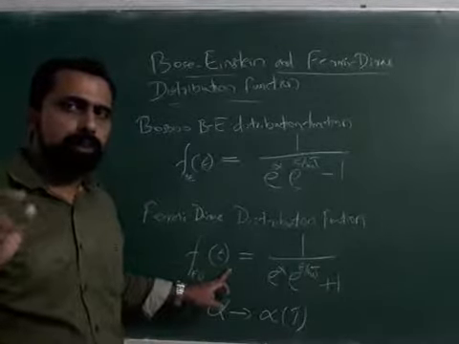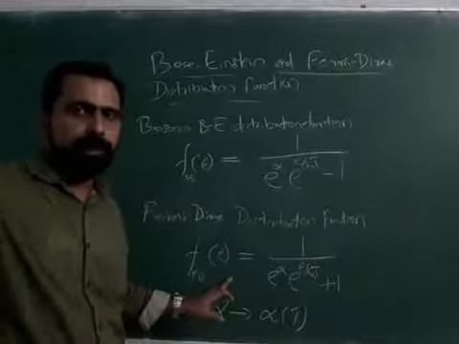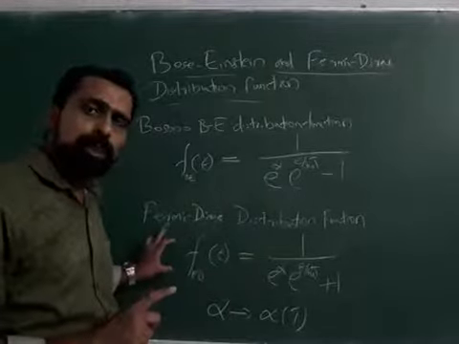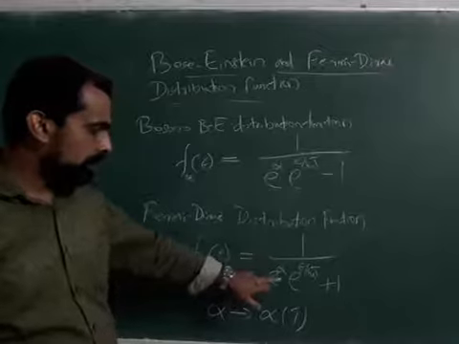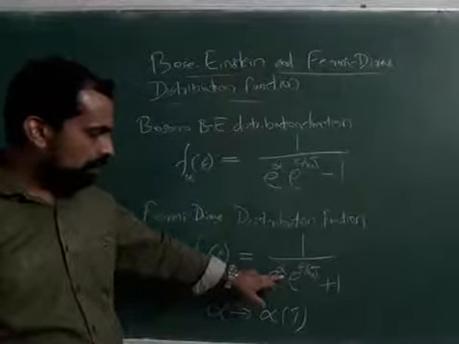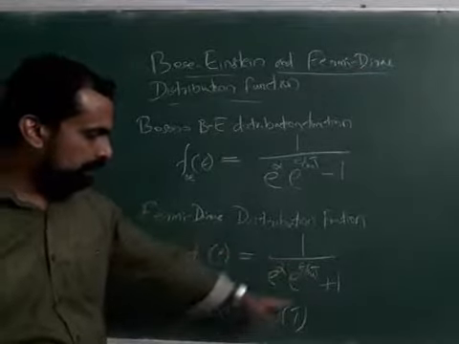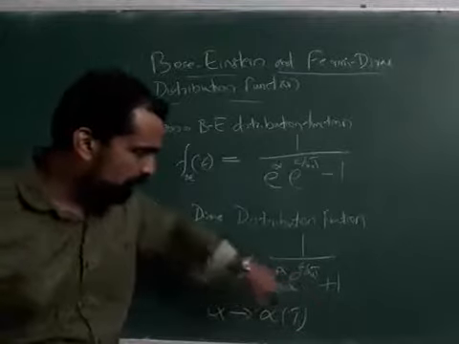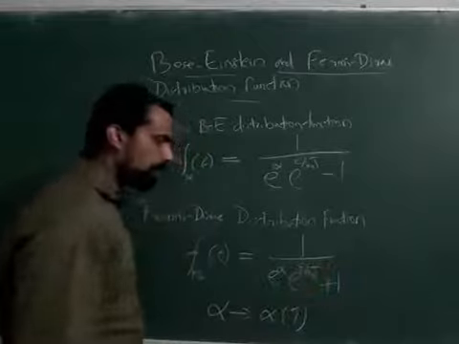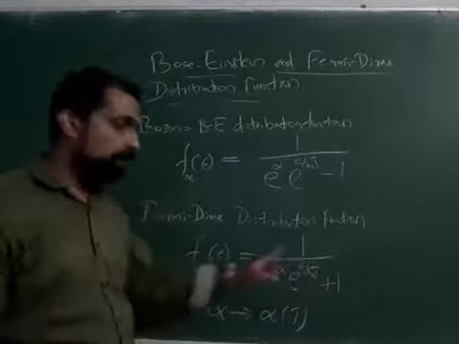The maximum value should be 1, that is, the maximum occupancy probability is 1. Even if the exponential quantity comes to 0, you must have a maximum of 1.